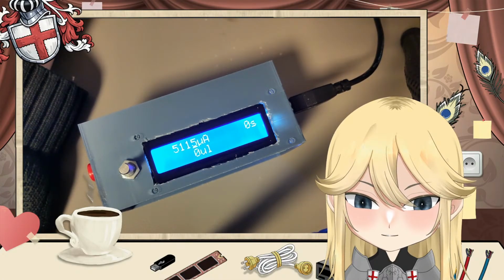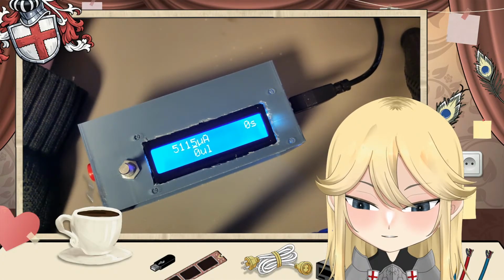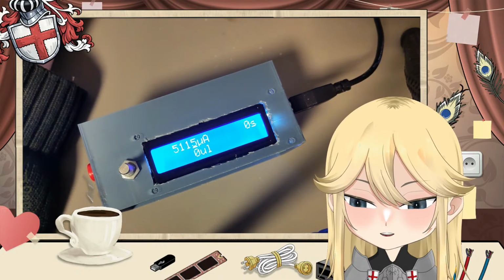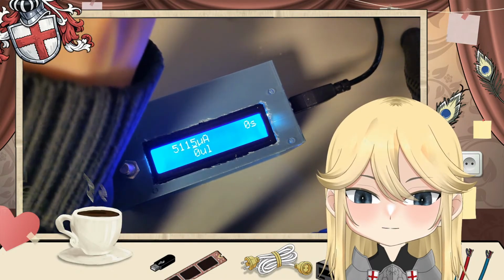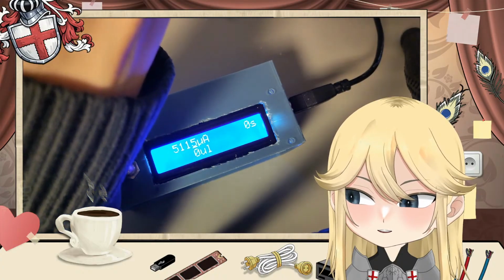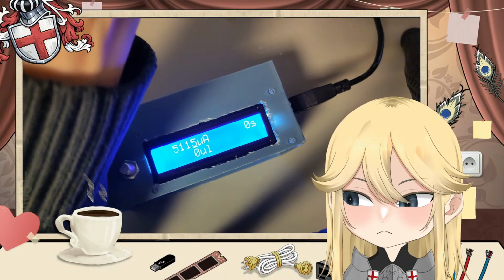I just realized something. We are taking longer to write it than we are taking to measure it. That's not great.